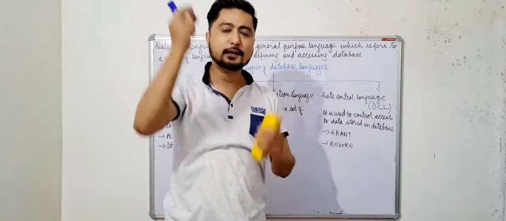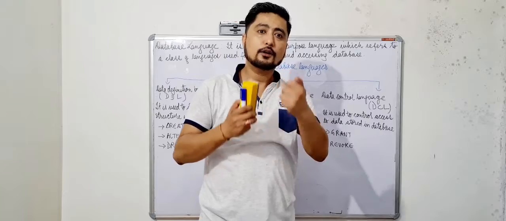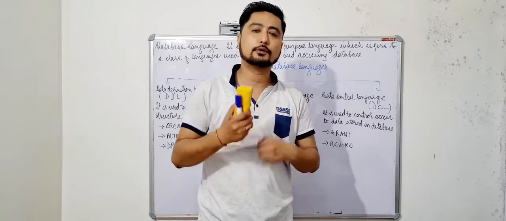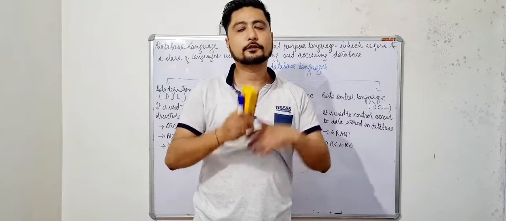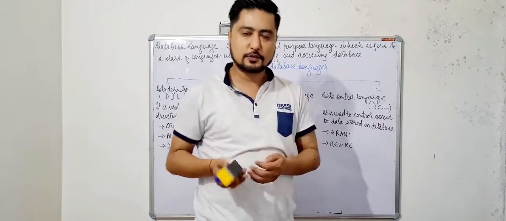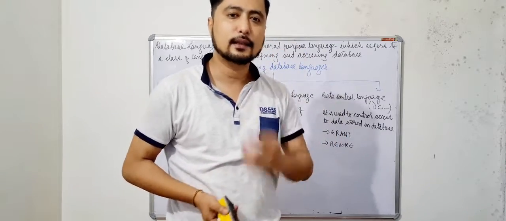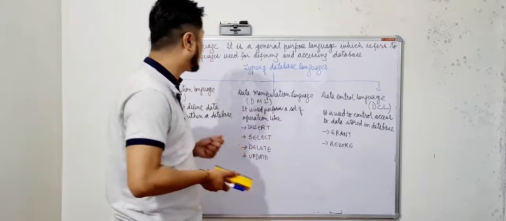stored in this database. For this, we have to learn some coding and some commands which are used to create this database and to manipulate this database. This is known as the database languages, the languages which are used to manipulate the data.